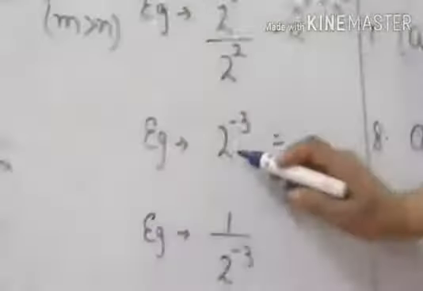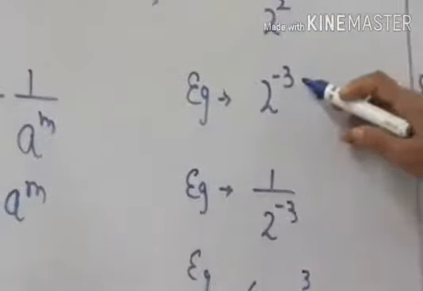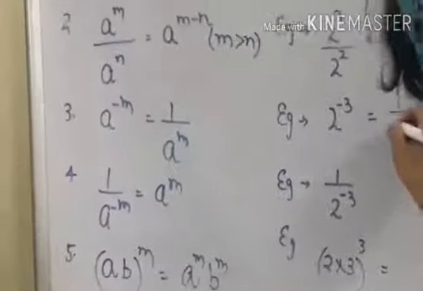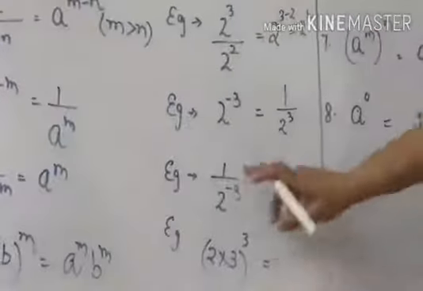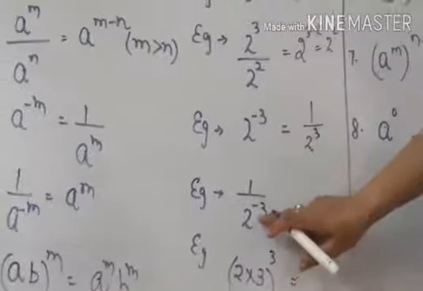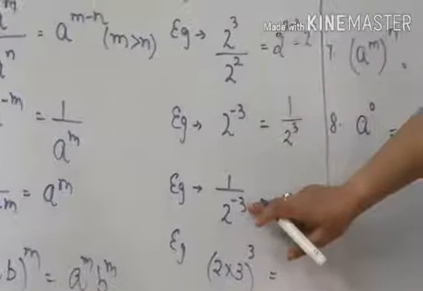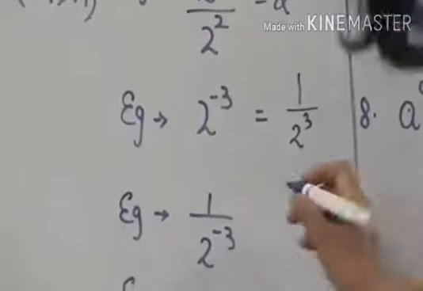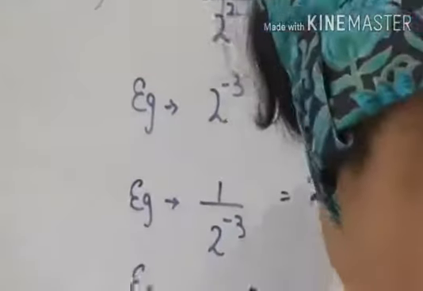Similarly, for example, 2 raised to the power minus 3 will give you 1 upon 2 raised to the power 3. And similarly, if you have 2 raised to the power minus 3 in the denominator, it will give you 2 raised to the power 3.